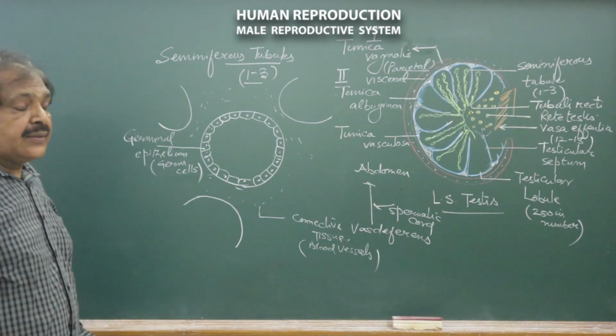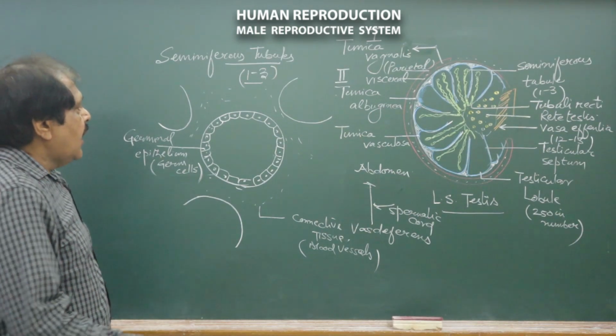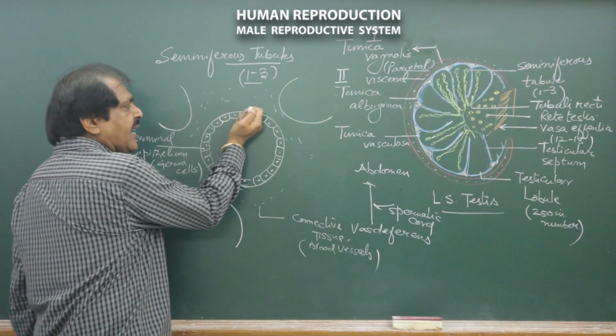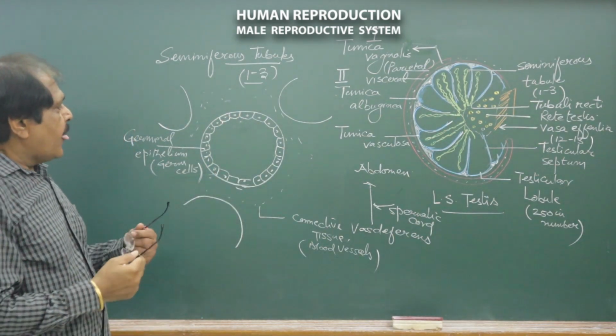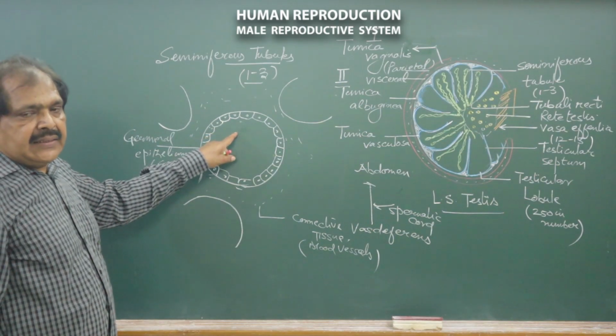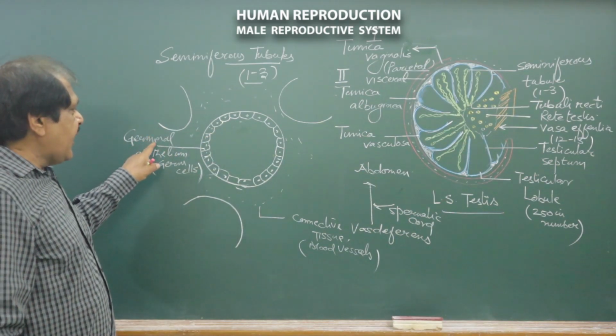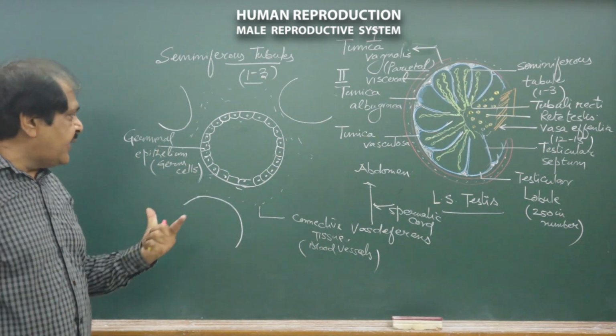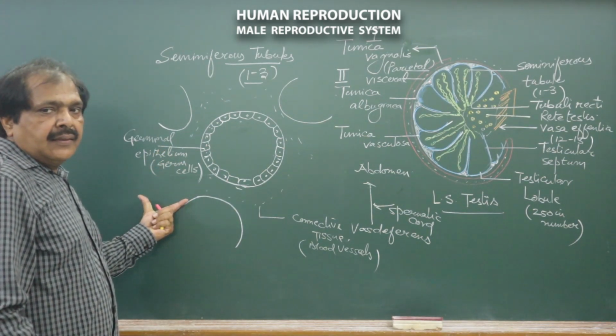These germ cells undergo mitosis. Before that, most of the cells of this germinal epithelium are cuboidal in shape, and they are called germ cells.